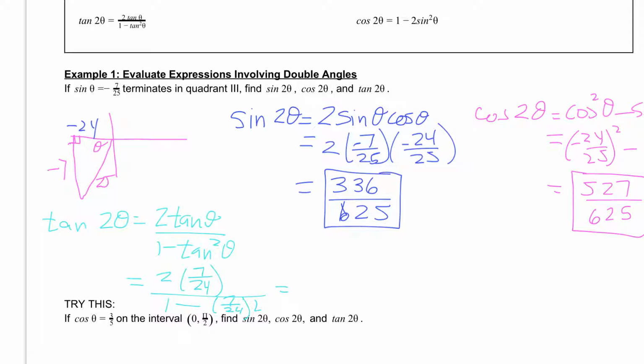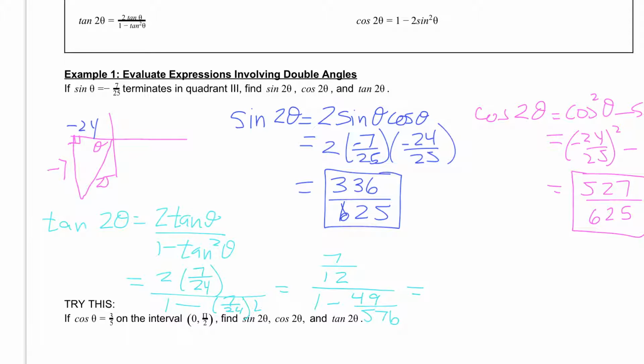So on the top, if we go ahead and multiply 2 by 7 over 24, we'll get 7 over 12. And we're just dividing that by 1 minus, and then we'll take 7 over 24 and square that, which will give us 49 over 576.